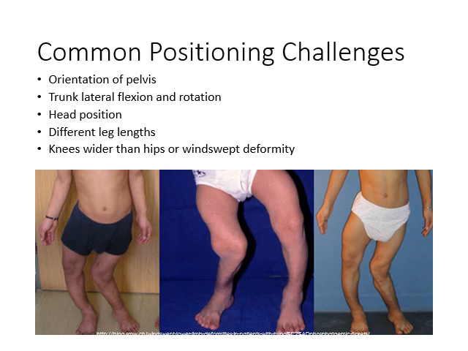Different leg lengths can also be challenging to accommodate in a wheelchair, or if the knees are wider than the hips, or if the person has a windswept deformity. And so we have some pictures over here of people who've had windswept deformities. This is just a common term to describe when the knees point in one direction and the ankles point in a different direction.